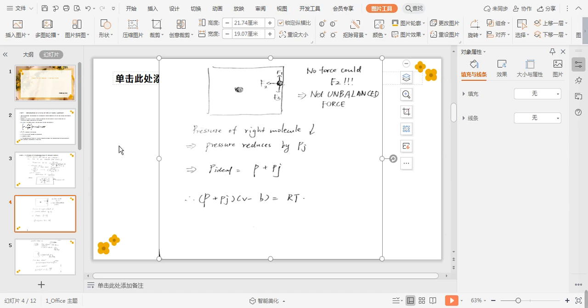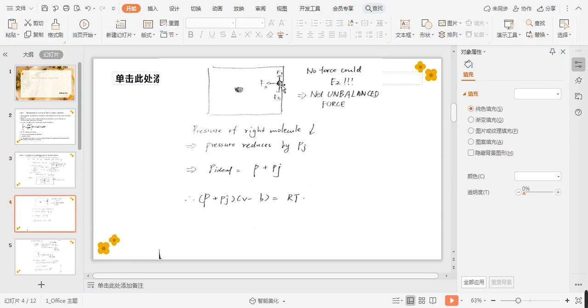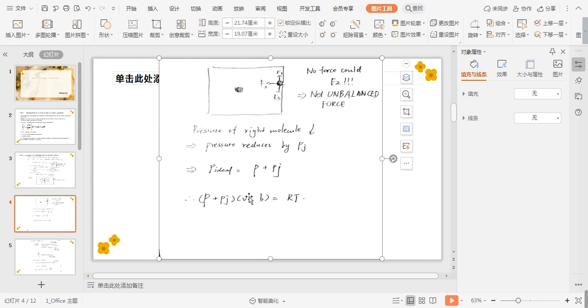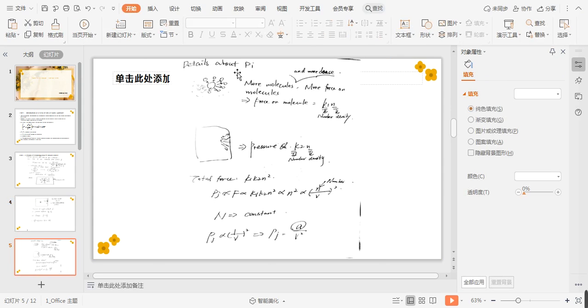And since in the two pictures there is only one molecule, n is equal to 1, so we don't write n here. Let's move on to more about Pg. Sorry, it's not Pi, it's Pg.